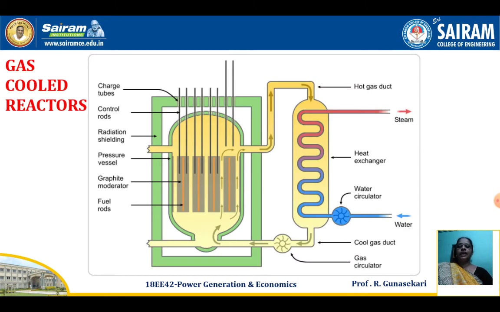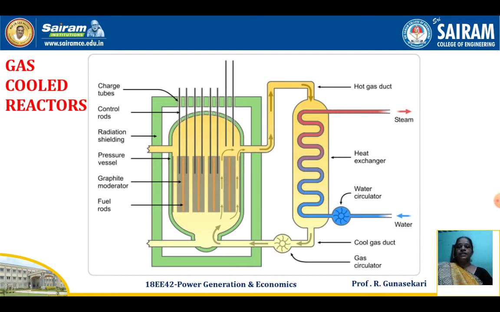Now you see the diagram. The outside green rectangle is the radiation shielding. Inside, the green oval shape is the pressure vessel. And then inside, how many fuel rods are there? 4 fuel rods. The orange vertical lines represent the 4 fuel rods.